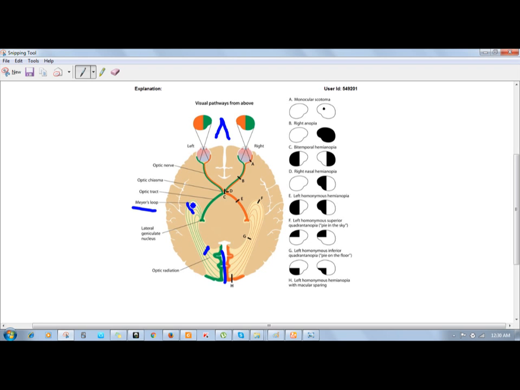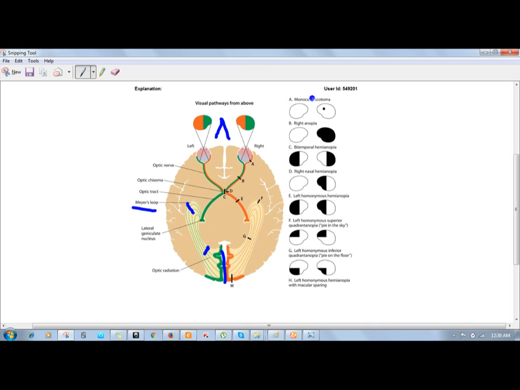In the visual field, Meyer's loop carries information from the upper visual field, and the dorsal optic radiation carries information from the lower visual field. And then we have the occipital lobe. So let's see what kind of changes we get when we have some damage in those pathways.